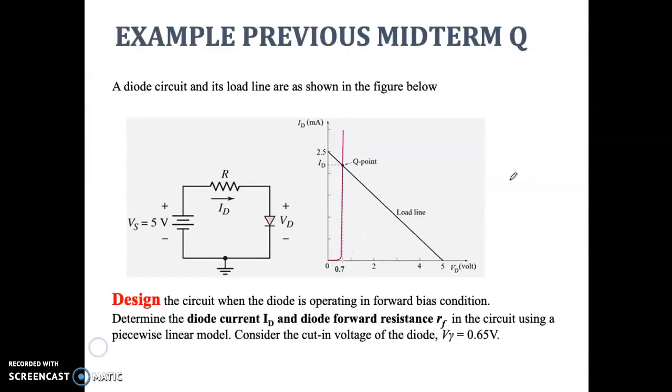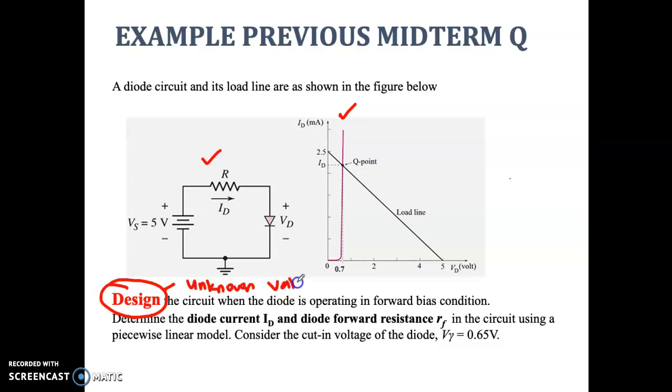Okay, so this is one of the examples from the previous midterm question. When you say graphical approach, the question will give a graph of IV, and maybe it will have a load line here. In the end, it will also give a circuit. The question says design. You know from the previous chapter, design means you need to find the unknown value.